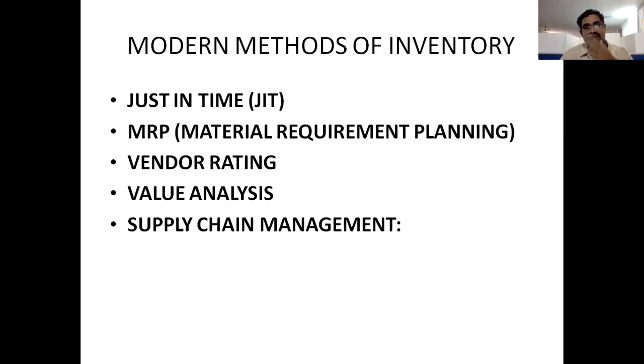That is called supply chain management. Here, supplier to manufacturer, manufacturer to distributor, distributor to dealer, dealer to wholesaler, wholesaler to retailer, retailer to the customers. So this is the chain link. These are the modern methods.